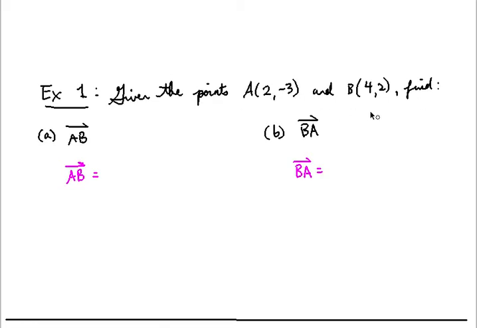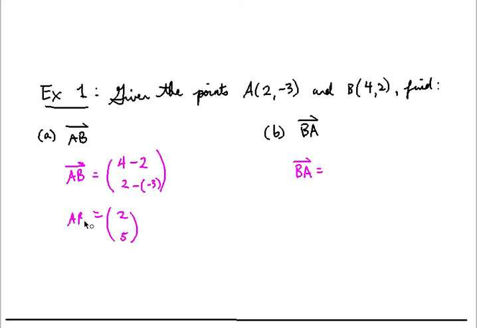Given the points A is (2, -3) and B is (4, 2), what is AB and what is BA? Well, for AB, remember we take the coordinates of B and subtract from them the coordinates of A. So I write 4 and 2 vertically, then take away the coordinates of A: 2 minus -3 becomes 2 plus 3, so I end up with 5.